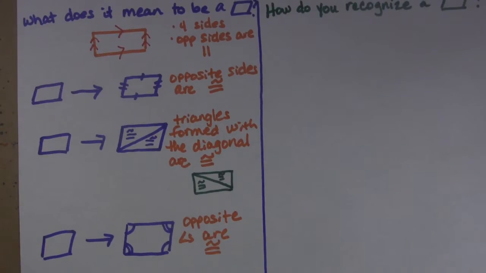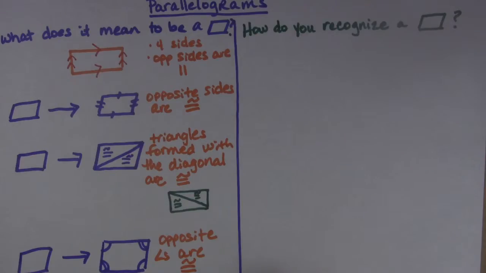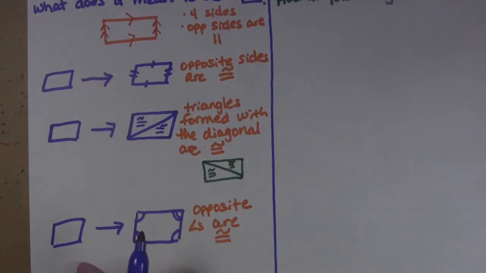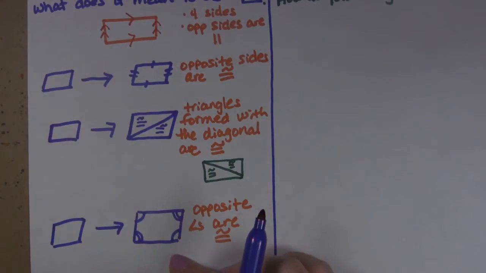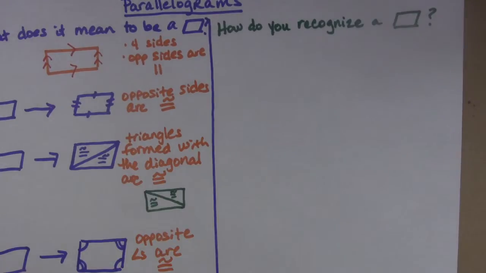Okay, so now the next question that we are going to tackle is, how do you recognize a parallelogram? So these over here are like, once you know something is a parallelogram, then you know these other things about it. This over here is, how do you know you have a parallelogram to begin with? And there are three of these for you to learn.